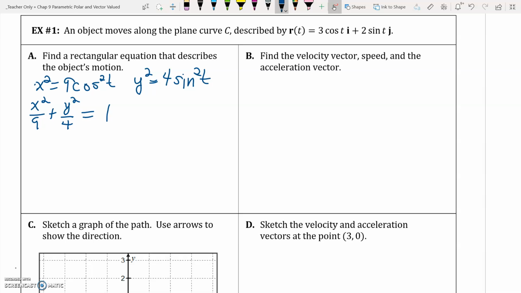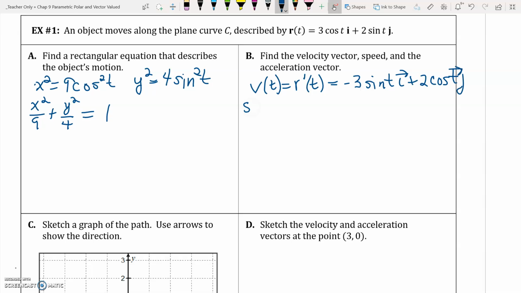Part B then, we are to find the velocity vector, the speed, and the acceleration vector. The velocity vector is going to be the derivative of r of t. So that is going to give us negative 3 sine t i plus 2 cosine t j.